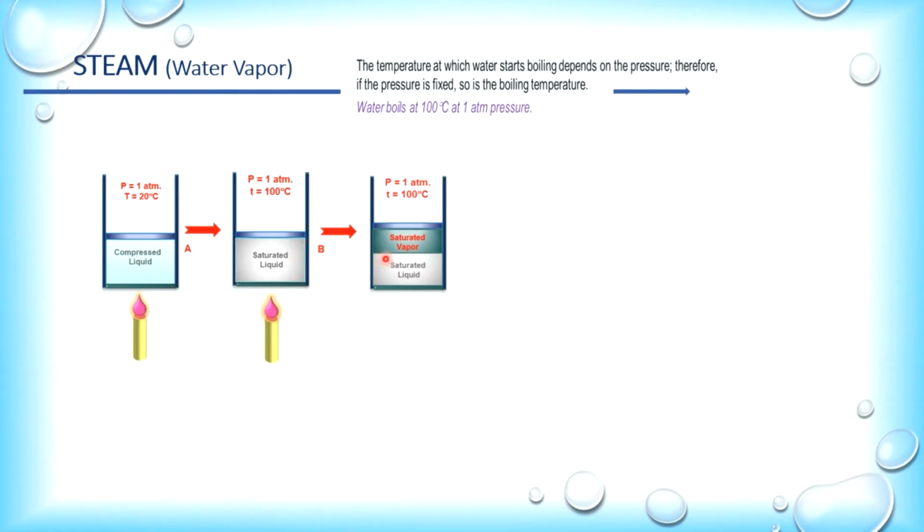During this process, the heat that is applied in order to change the phase of the substance is called the latent heat of vaporization. Or the other way around, when vapor changes back to liquid, we call it condensation.